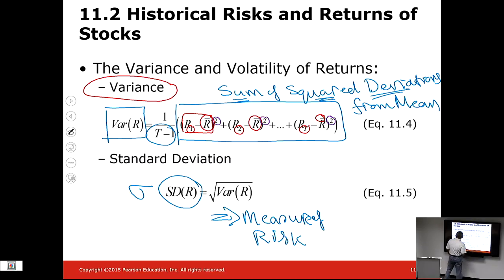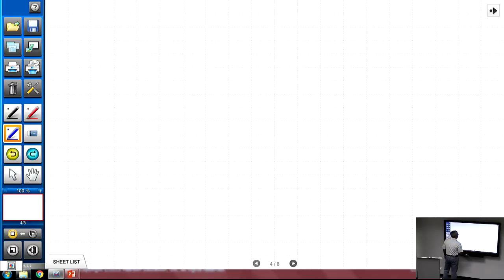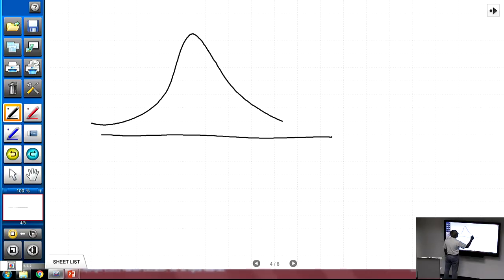Why is standard deviation a measure of risk? Because if we assume that our observations are normally distributed, and generally for any large set of data it is quite reasonable to assume that, then the central value represents the mean.